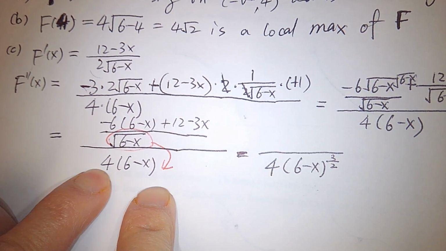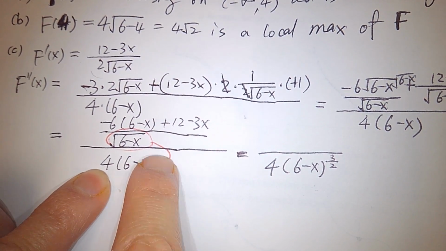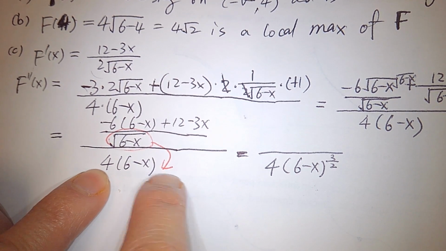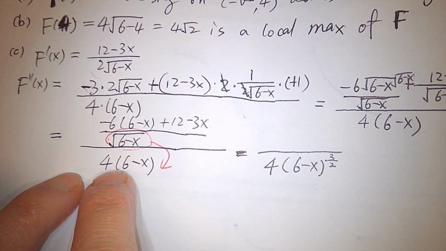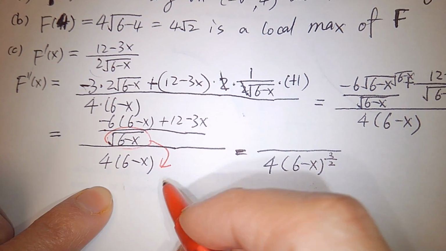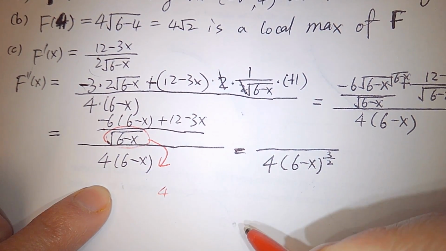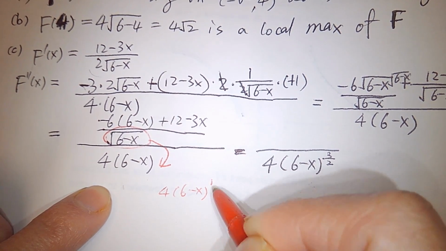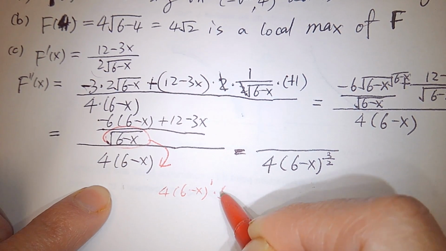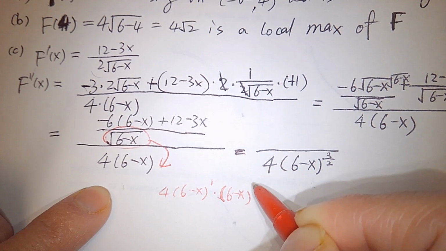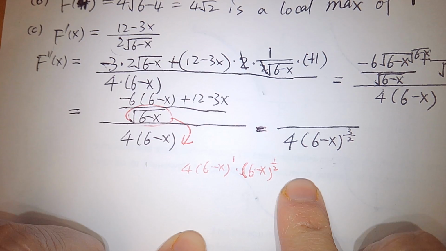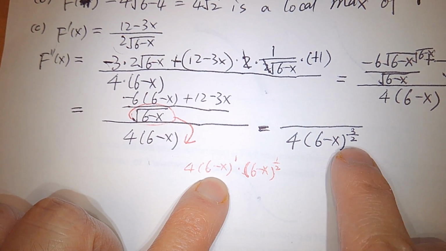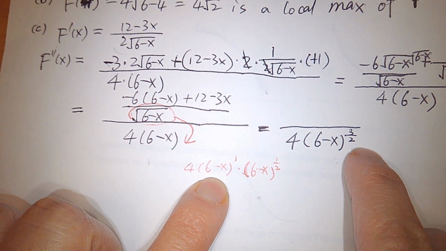So what is 4 times 6 minus x times the square root of 6 minus x? It gives us 4 times 6 minus x to the 1, and the square root is the power 1/2. Combine these two, 1 plus 1/2 gives us 3/2.